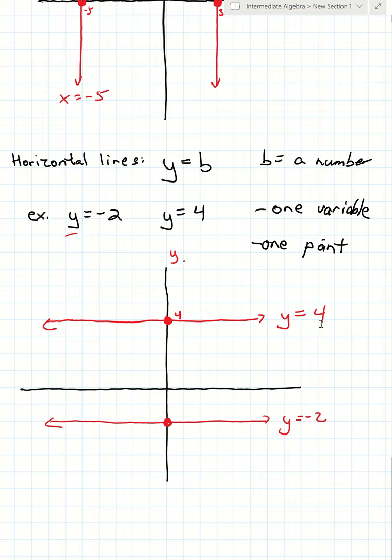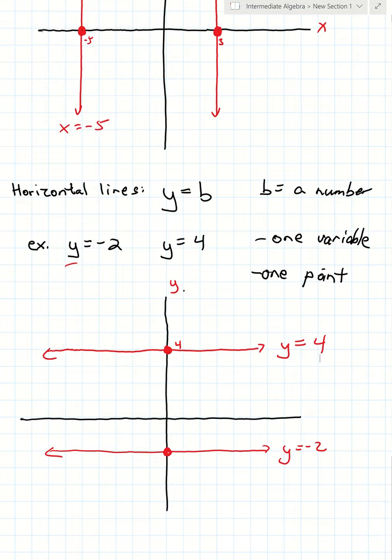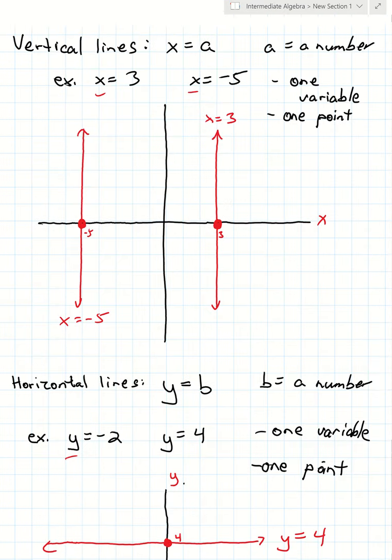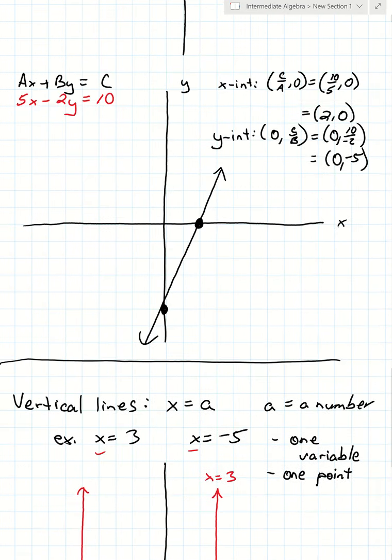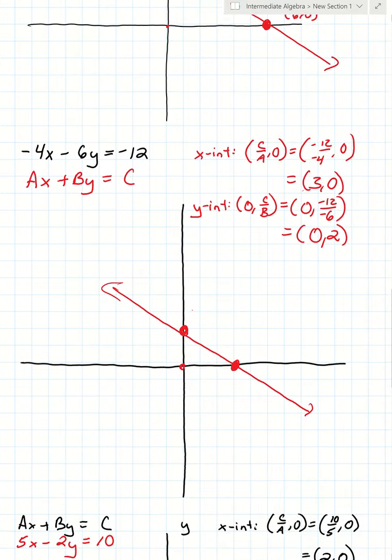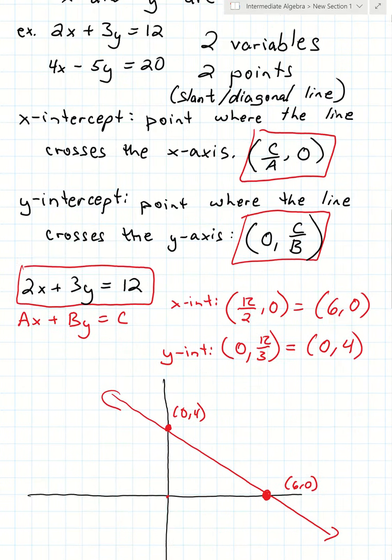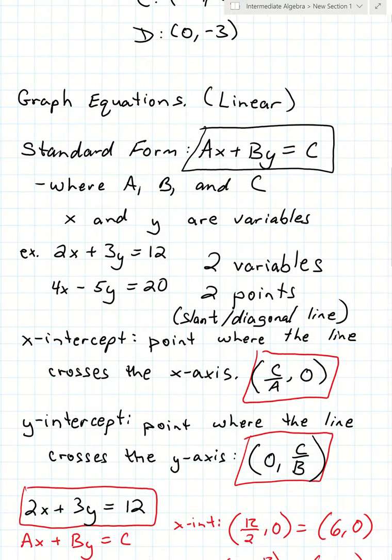Okay? So this is just an intro to graphing right now. We have seen 3 types of lines. We've seen standard form. Once again, with standard form, we have the 2 variables. We have ax plus by equals c. And since we have these 2 variables, x and y, those 2 variables will require us to have 2 points, the x-intercept and the y-intercept.